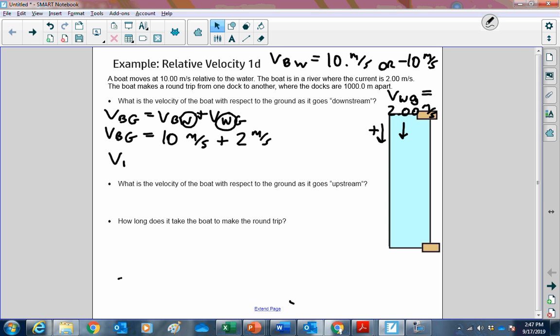It's going to seem like the boat's going faster with respect to something on the ground.